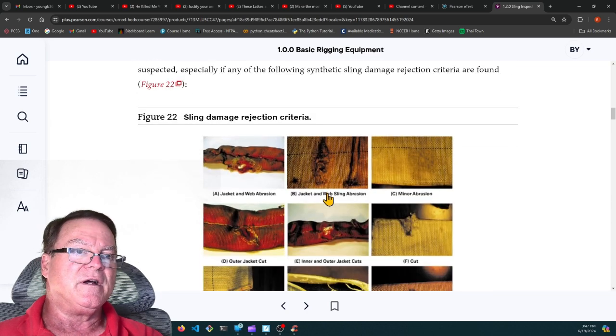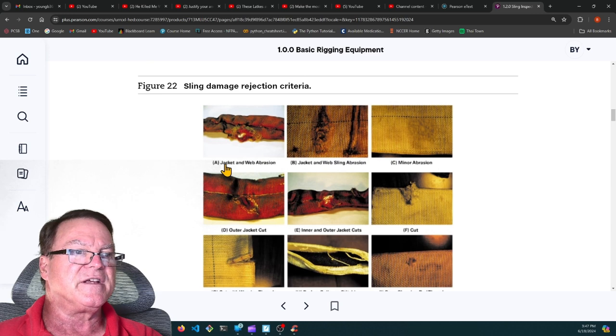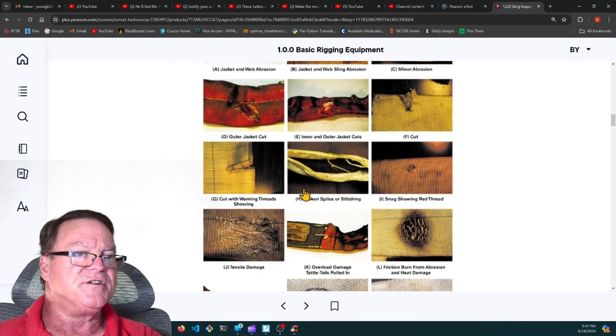So here are some of the things that they're looking for. If this is a synthetic sling, jacket and web abrasion, jacket and web that have been cut, minor abrasions, if the jacket is cut. Here's an example of a cut on the edge. This looks like a cut with warning threads showing.